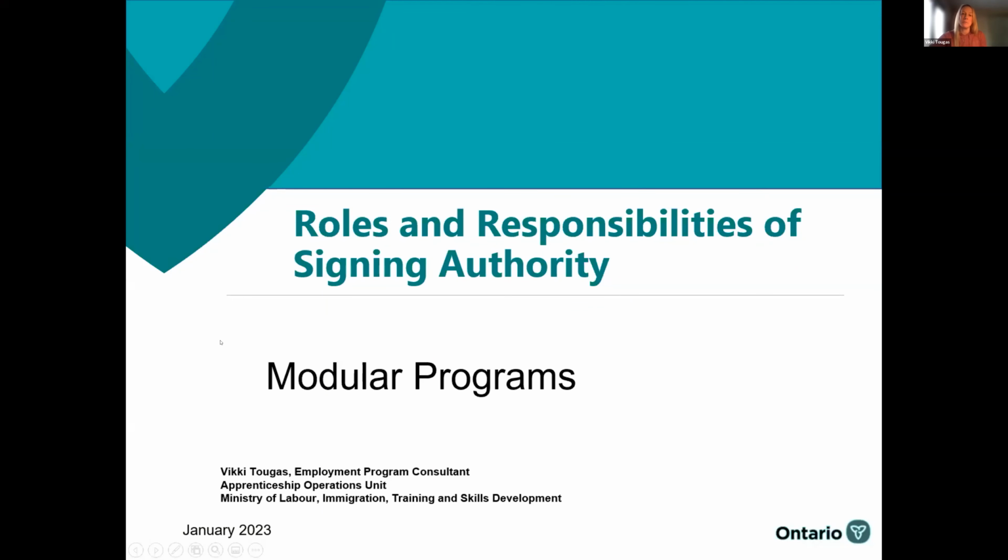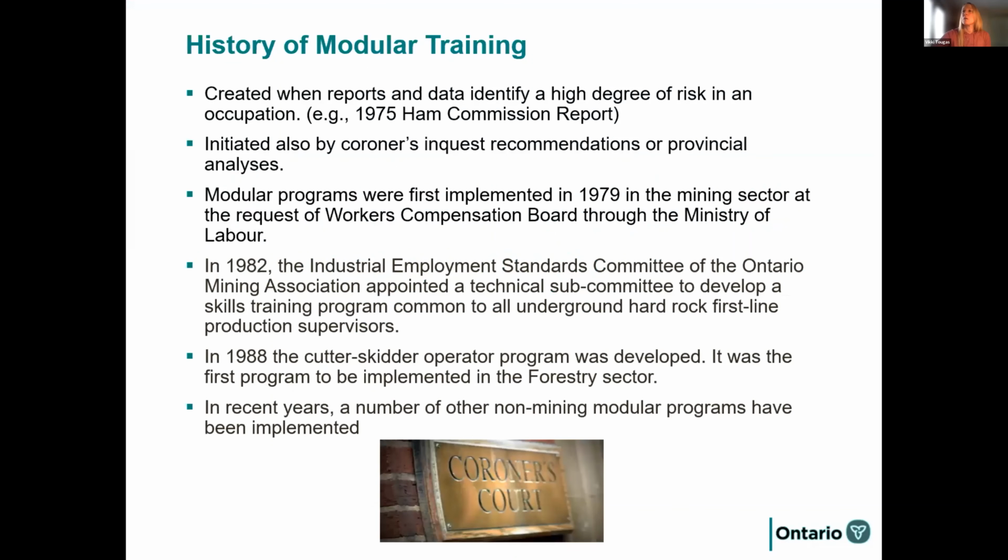I'm going to walk you through the roles and responsibilities of signing authorities in modular programs. First, we're going to talk about the history of modular training. Modular training is created when reports and data identify a high degree of risk in an occupation. For example, back in 1979, there was the Hams Commission report, and information came out of that deemed specific training for the safety of employees and workers in the field.